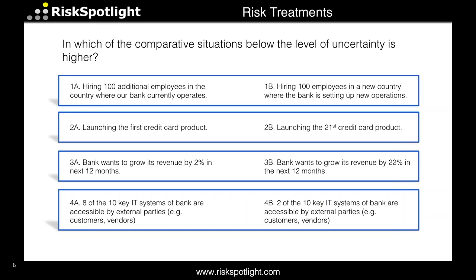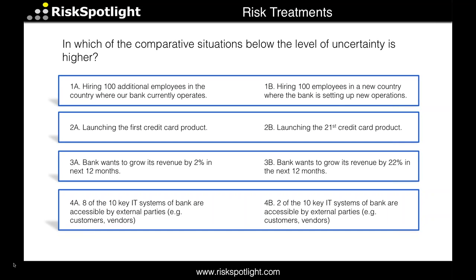Where do you think the uncertainty is higher in those 2 scenarios, 1A or 1B? Okay, 1B, of course. Then the next one, launching the first credit card product versus launching the 21st credit card product. So 2A, okay. In 3A, the bank wants to grow revenue by 2%, and in 3B, the bank wants to grow revenue by 22%.